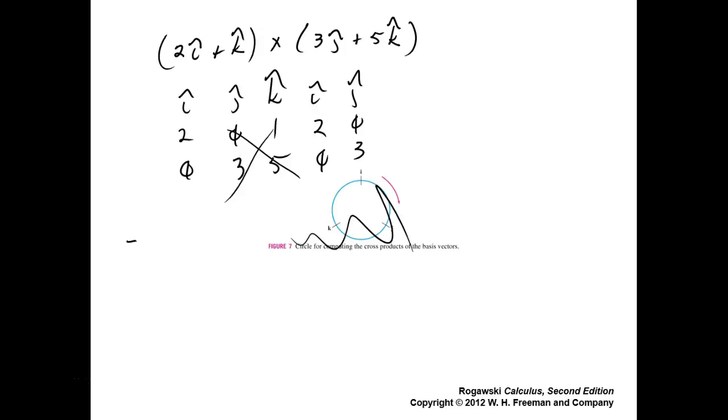So what does that give you? 20. That's a 0 times 5 is 0.